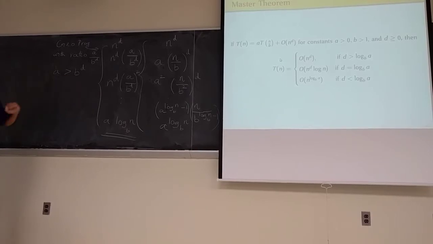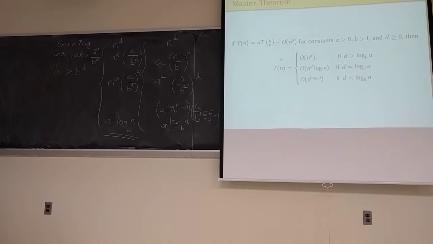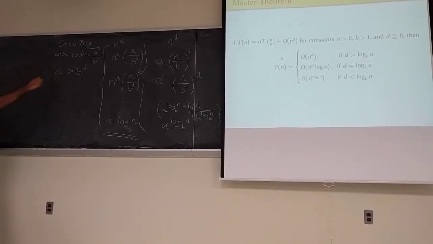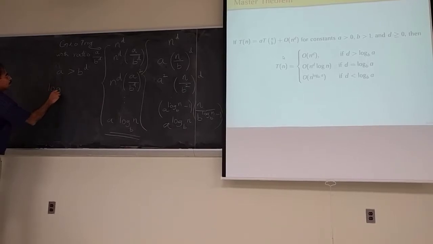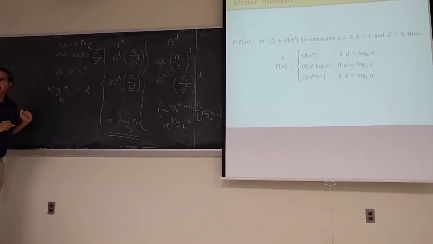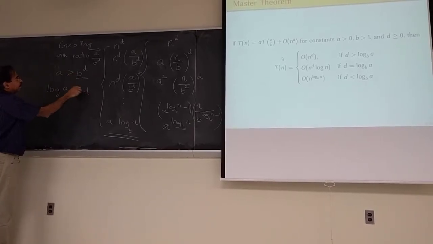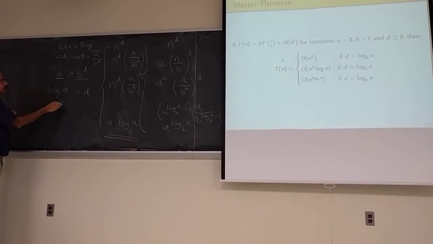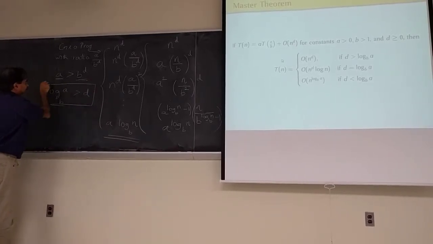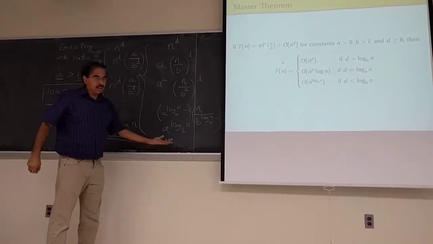So if a is greater than b to the power d, then you can take logarithm to the base b on both sides, right? So that means log_b a is greater than d, right? So we take log to the base b, you get d here, and log to the base b of b to the d, so we get d. So when this condition is satisfied, you have an increasing geometric progression.